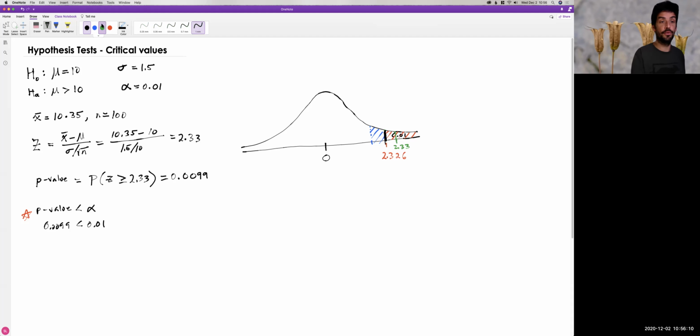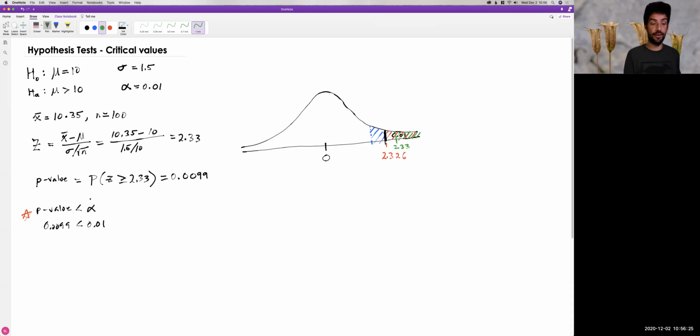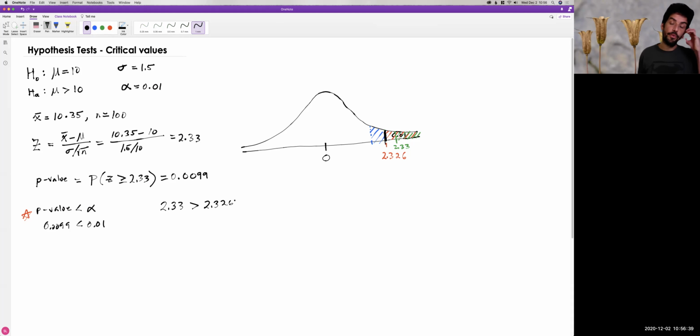The area in green, the one above our z value, is less than that because it's missing some of it. And so if we wanted to, instead of comparing the p-value, we could simply compare our test statistic. In this case, note that 2.33 is greater than 2.326, and we'll make the same conclusion that we're going to reject, because in this case, we have to look at the picture.